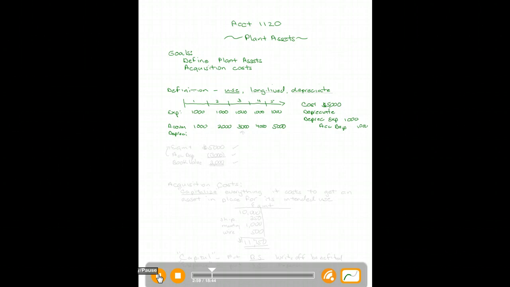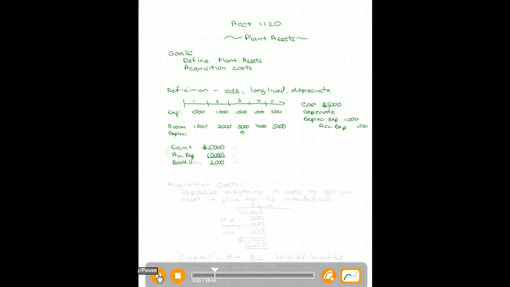On the balance sheet, we would show our equipment, and it would always be shown at what it cost us. And then we would show accumulated depreciation depending on where we are. Let's say we're in year 3, we've written off 3 years worth. It would be subtracted off, and the asset would be shown at its book value, which would be $2,000.